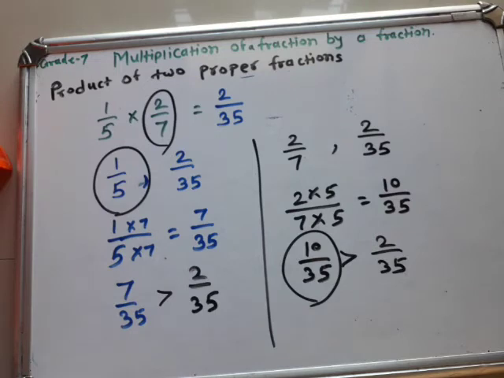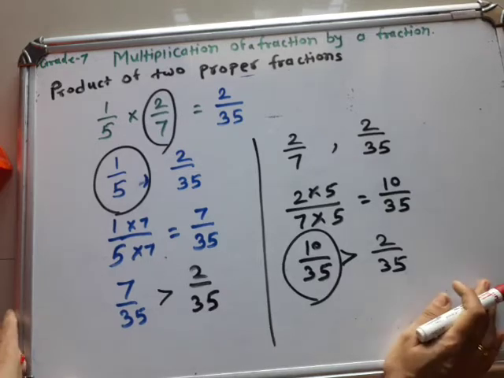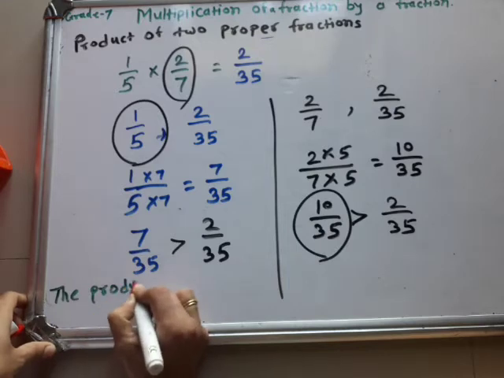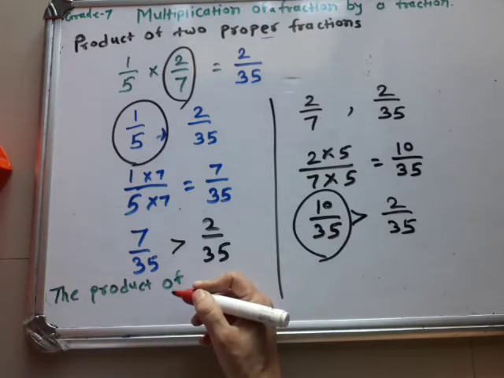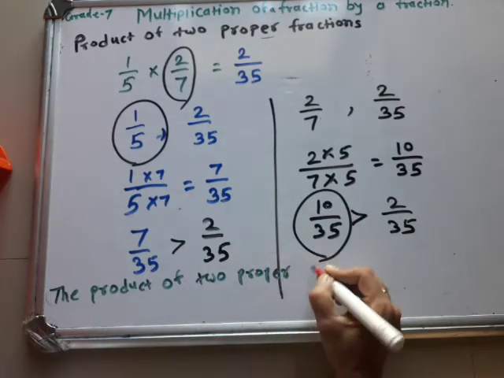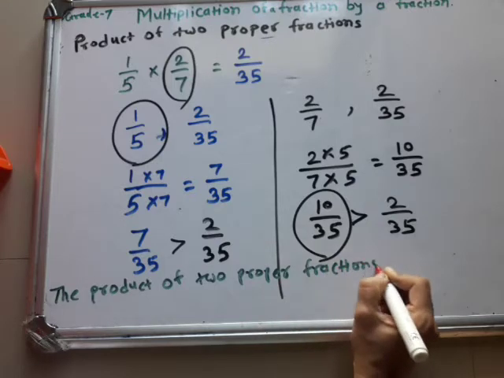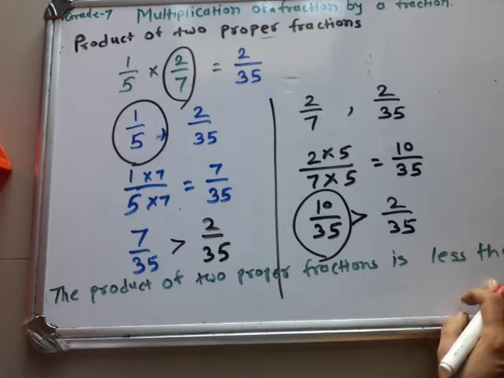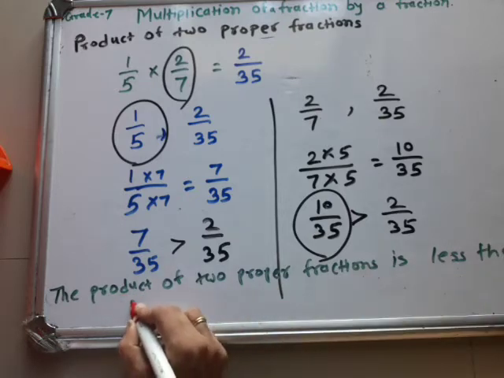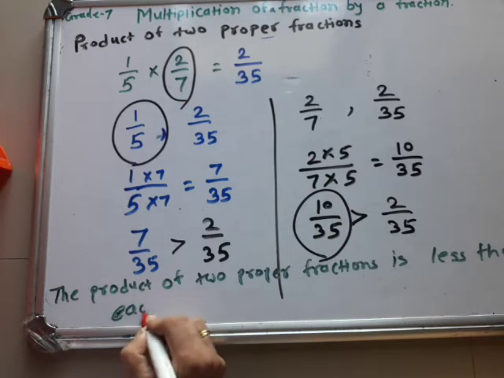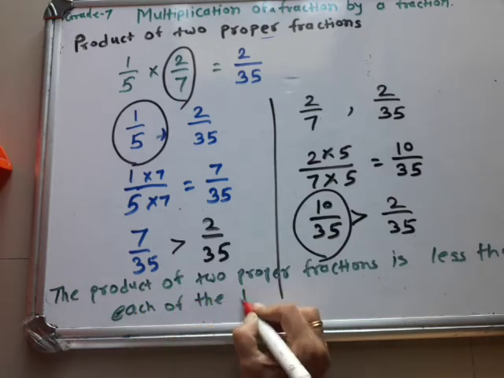So you have to write here, what is your statement? Write here: the product of two proper fractions is less than each of the two fractions. Okay, here you will get the product smaller, less than each of the two fractions.